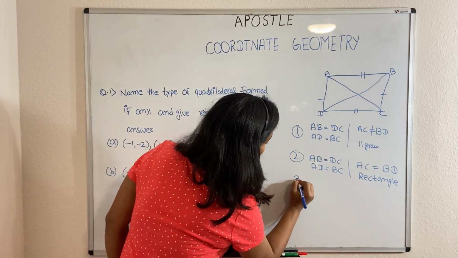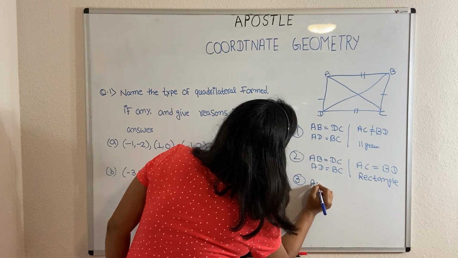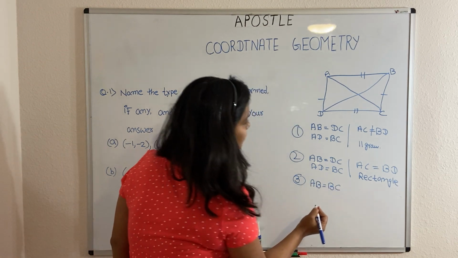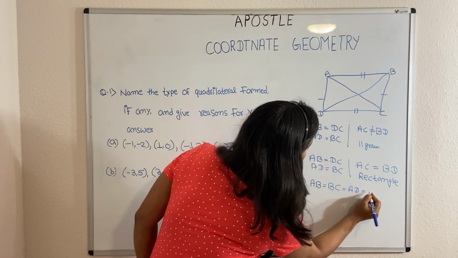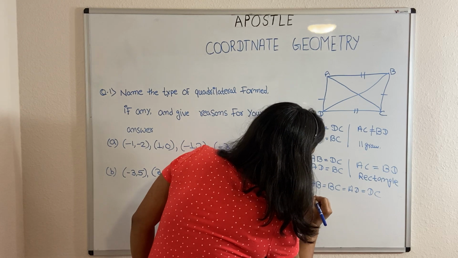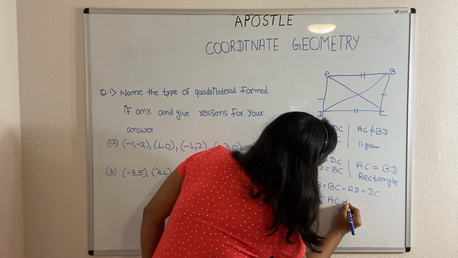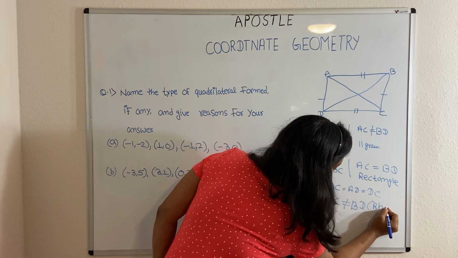Now third is a rhombus. In a rhombus all four sides are equal: AB is equal to BC is equal to AD is equal to DC, but our diagonals are not equal. Our diagonal AC is not equal to BD, so we call this a rhombus.